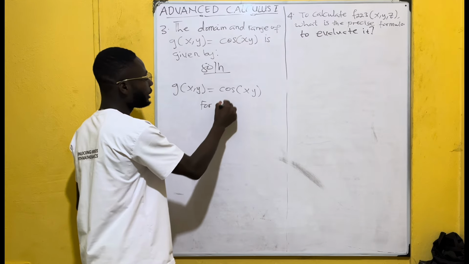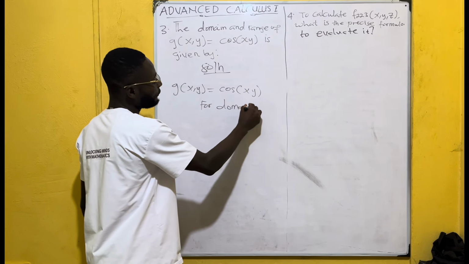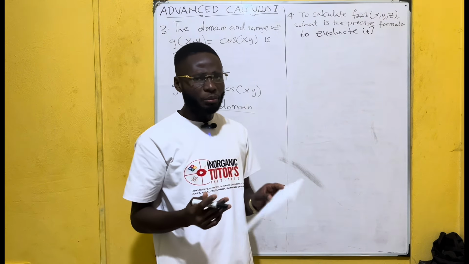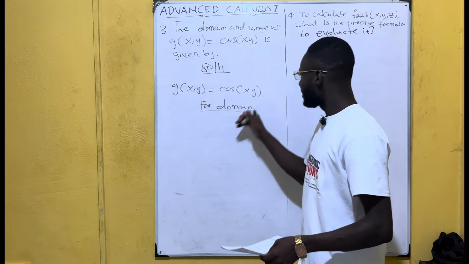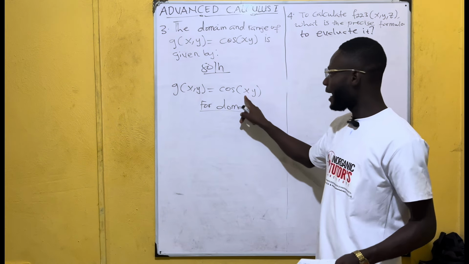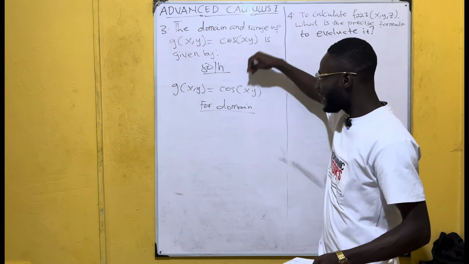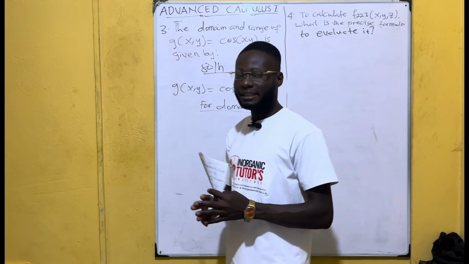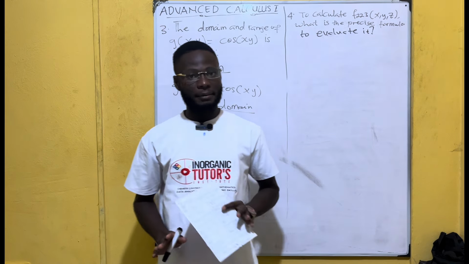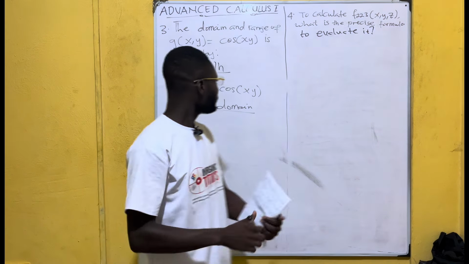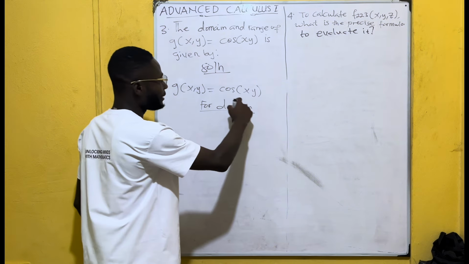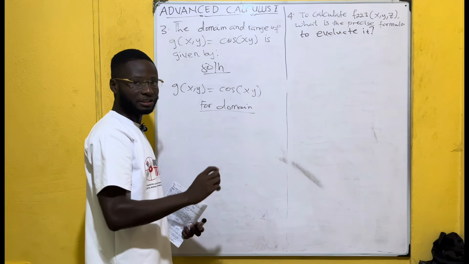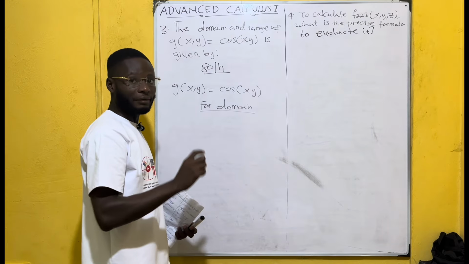For the domain, you know that these variables we have here, x and y, which are the inner function of the cos, are defined for all real numbers. You know that because it's a linear function and it's not a fraction. It's not a rational function.